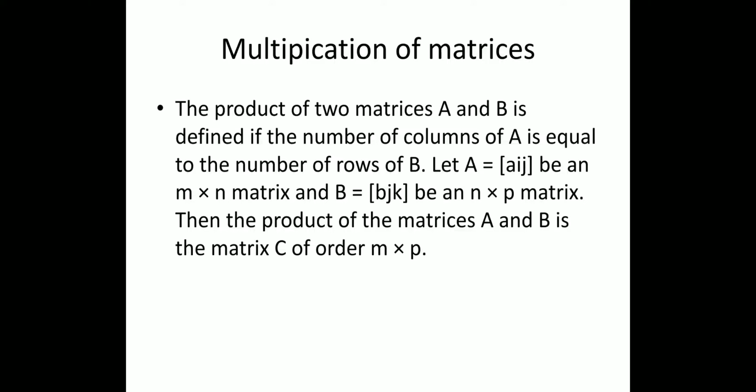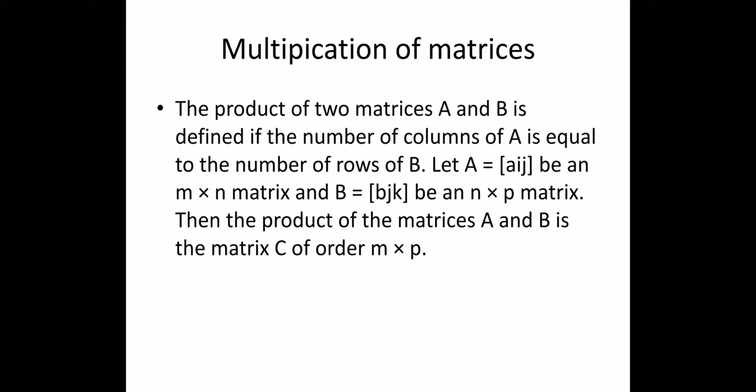The product of two matrices A and B is defined if the number of columns of A is equal to the number of rows of B. This is the condition to have the product of two matrices. If this condition is not satisfied, we cannot multiply two matrices.